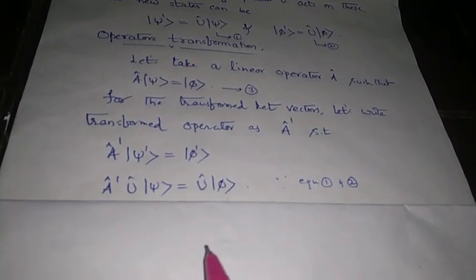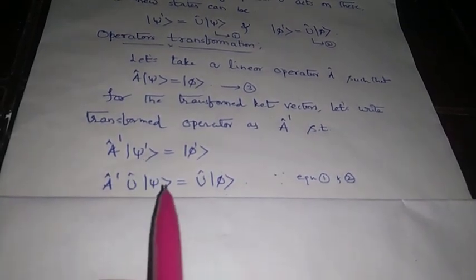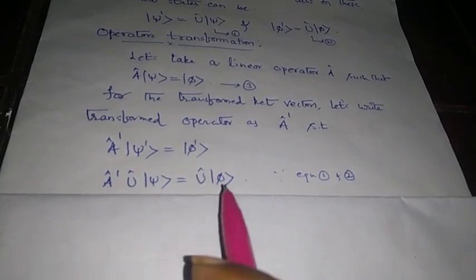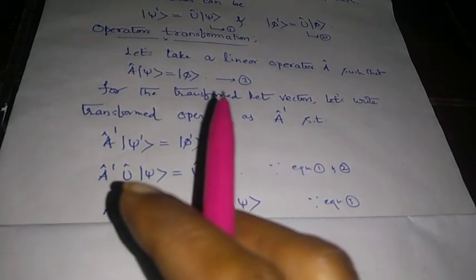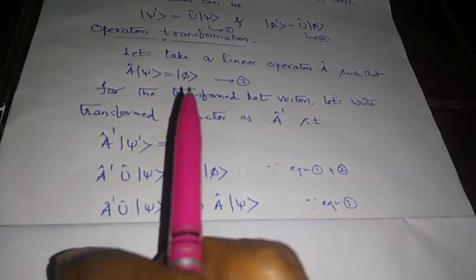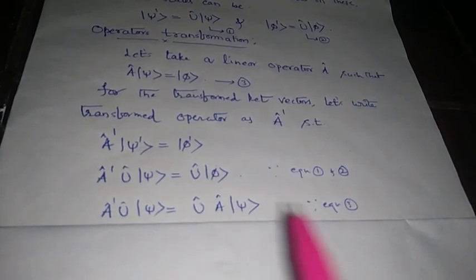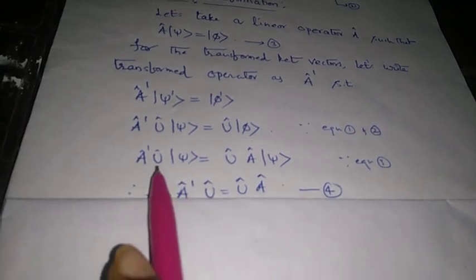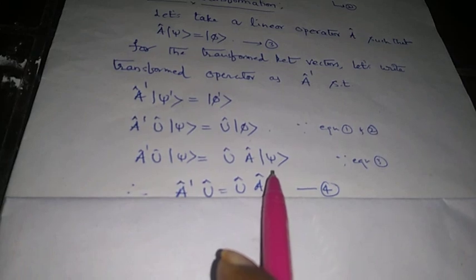Then by using equations number 1 and 2, in place of psi prime you can write U psi, and in place of phi prime you can write U phi. And from equation number 3, the left hand side we had phi, so in place of phi here we write A psi. So now we see that A prime U acting on psi is giving you U A acting on psi.